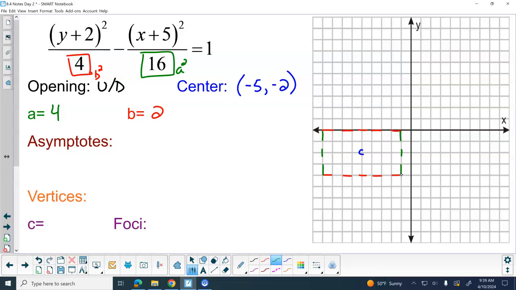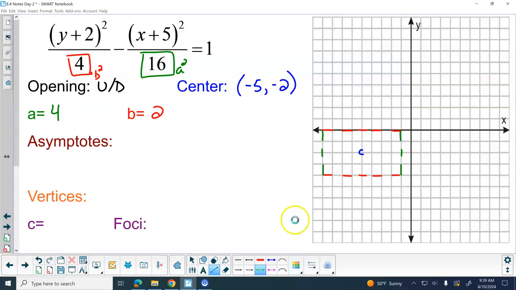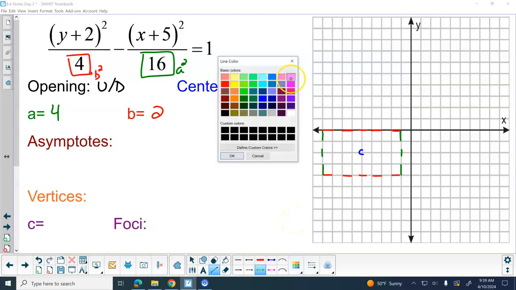Next, we got to draw in our diagonals. Well, let's go with a different color. Pretty opaque.